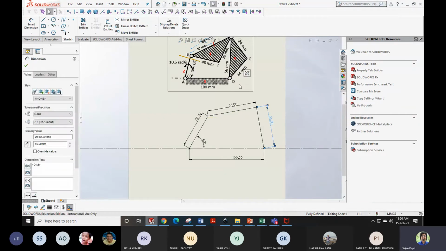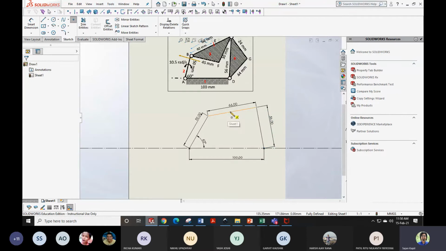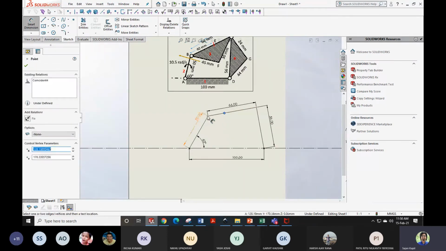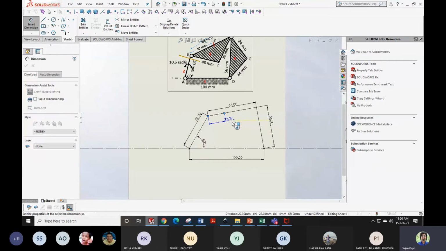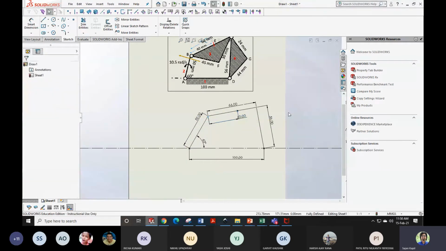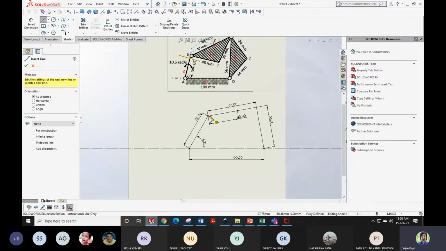Now there are some more points. There is one point over here, point E. It is not at the midpoint, of course. It is at a distance 40 mm from this, but it is on this line. So I'm drawing this point, and it is at a distance of 40 mm. Fine. Also, there is a point F and point G. Let us draw these 2 points as well.